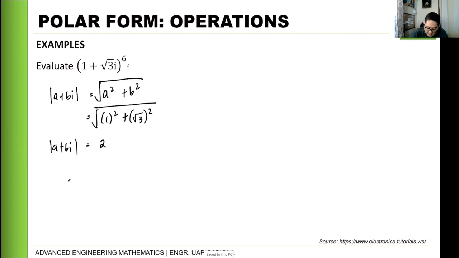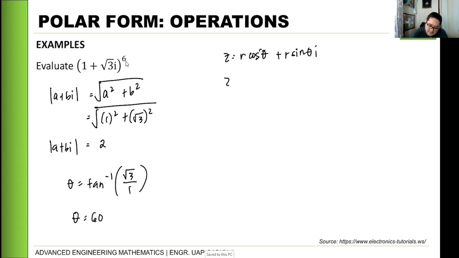And then for our theta, we have inverse tangent of square root of 3 over 1. Okay, so theta natin dyan is 60. Okay, so converting our z into rectangular form na in cosine and sine form, r cosine theta plus r sine of theta i.